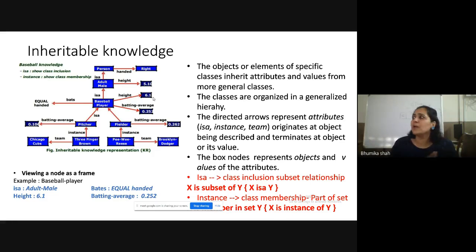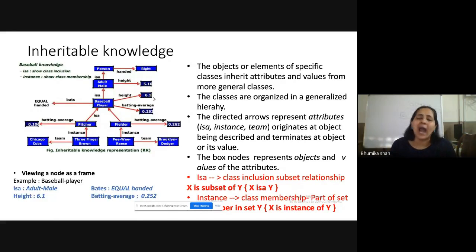Okay, it has one property which is called handed, and the value of this attribute is right. Means the person is right handed by default. Any person by default is going to be right handed. So the only attribute which this particular object or entity has is handed. Now we are talking about a subclass. The subclass is adult male. When we talk about adult male, then a specific attribute it is adding is the height attribute.